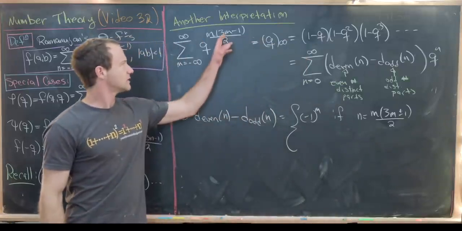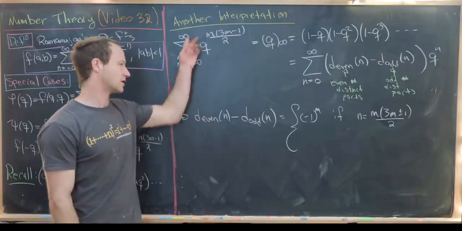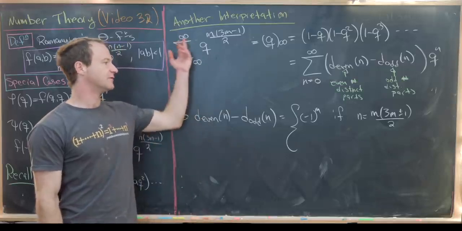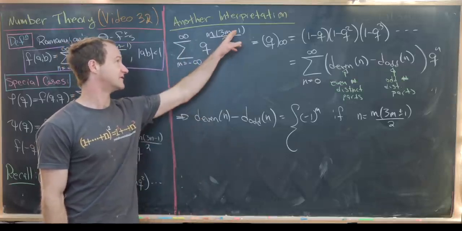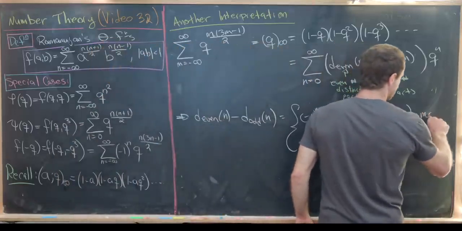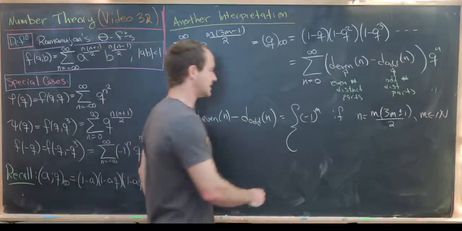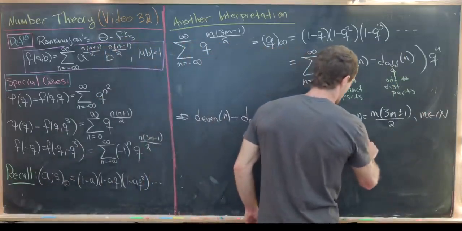You might say, well, why isn't it just m(3m-1)/2? Well, that's because m is running over all integers, but if you've got a negative integer, that just has the effect of changing this minus to a plus. So that means m is a natural number here. And then the difference between these two is 0 otherwise.